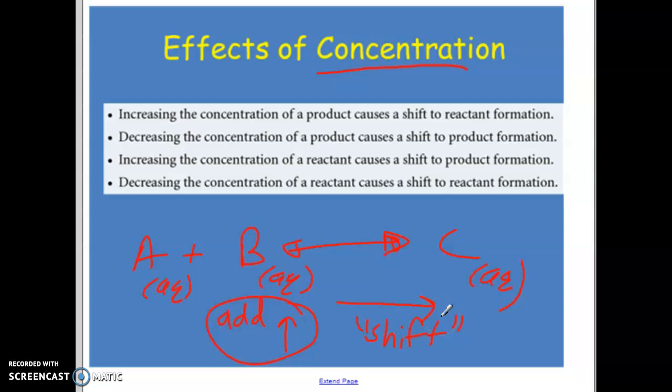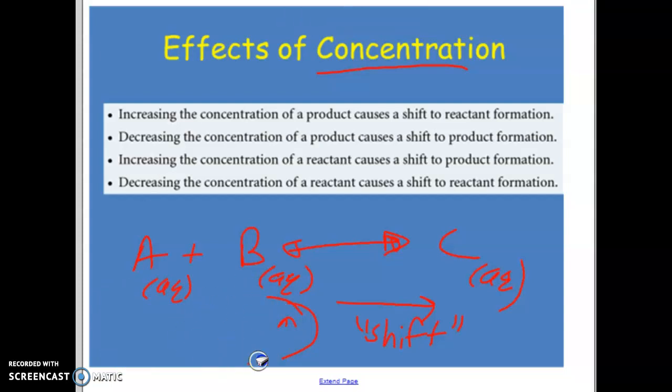So increasing the concentration of a reactant causes a shift to product formation because it wants to use up that excess reactant that was just dumped in. The same thing would happen here if we were to add in A.